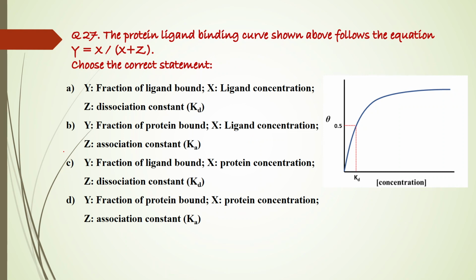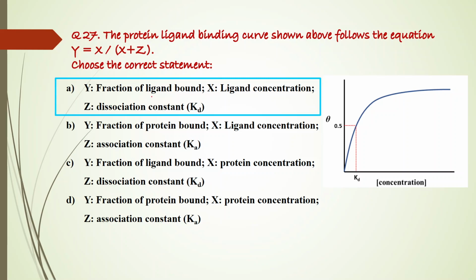It is saying the protein ligand binding curve shown here looks something like this, where you use this equation y is equal to x divided by x plus z. You need to identify what is y, x and z. We already know y is the fraction of ligand bound. Suppose hemoglobin is binding to oxygen, so y is our fraction of oxygen bound.